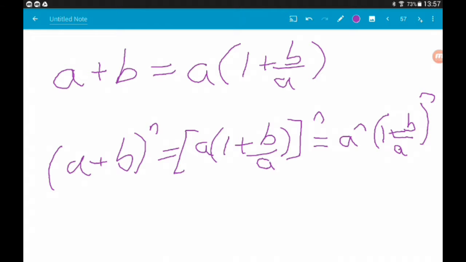Now, why is this useful, I hear you asking? Well, if we do this, we can actually use the formula in its less scary form.